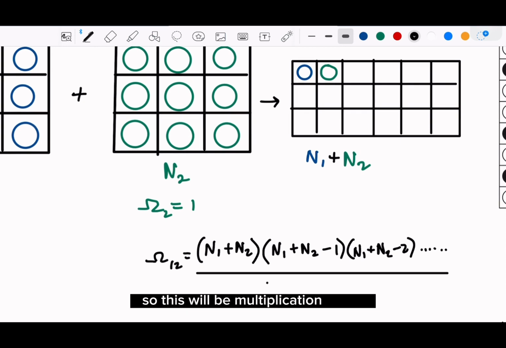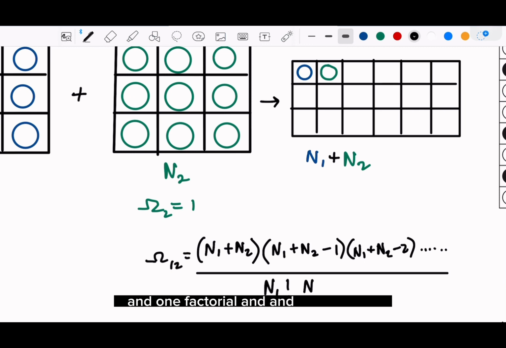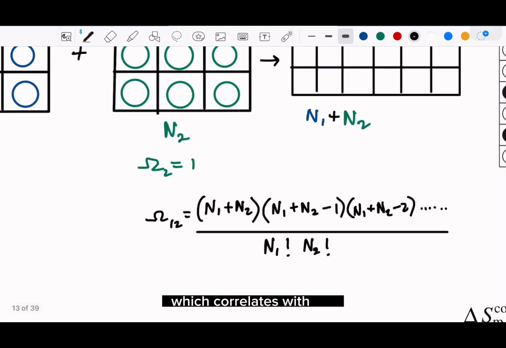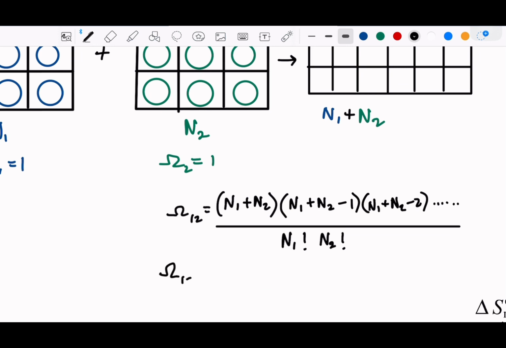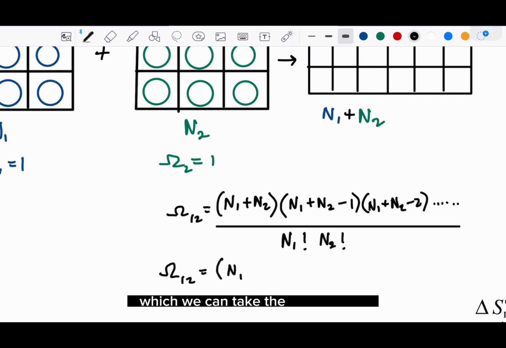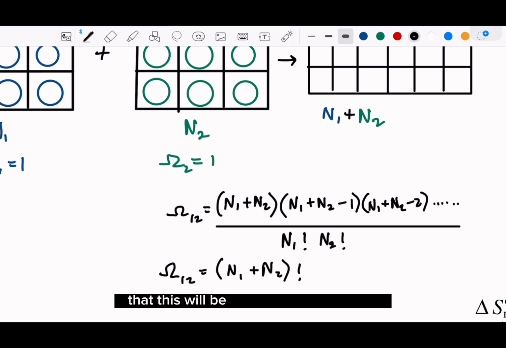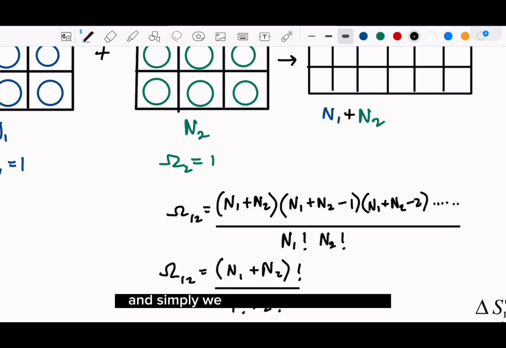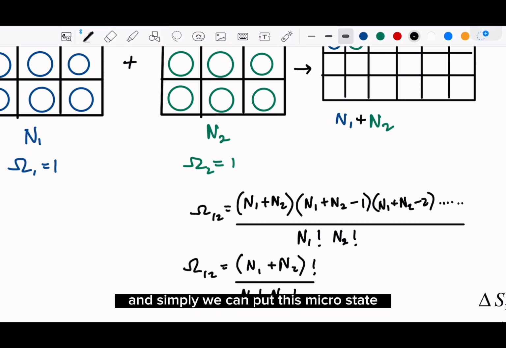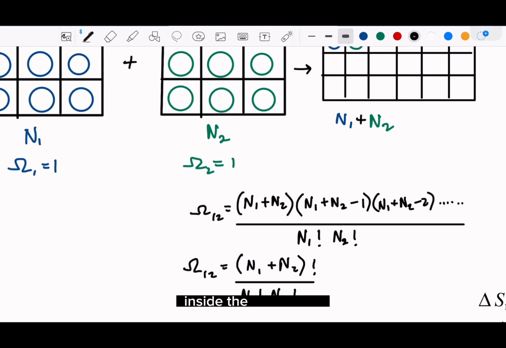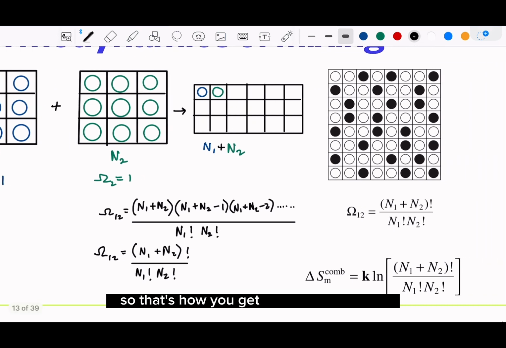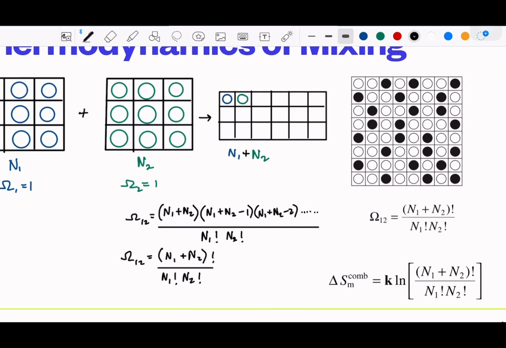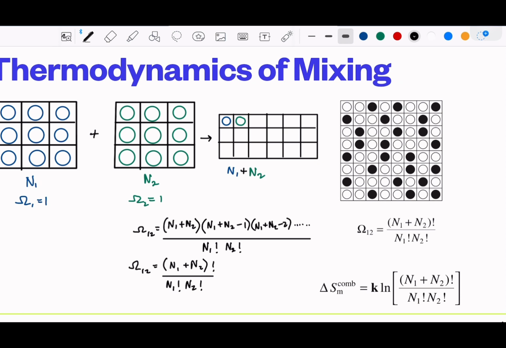So this will be the multiplication of N1 factorial and N2 factorial, which correlates with this part here, which we can take as the conclusion using factorial like that. And simply we can put this microstate inside the delta S. So that's how we get this formula on the right. So that's why you get this.